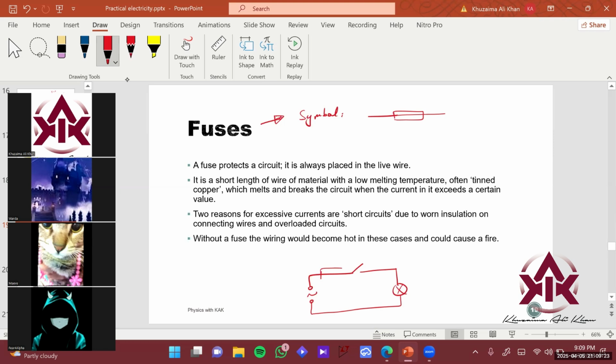This is the fuse, this is the voltage, this is the lamp, and this is the switch. The switch controls turning the lamp on and off.